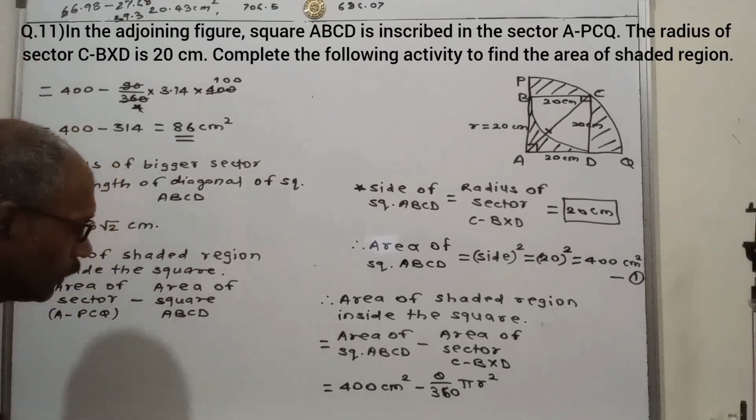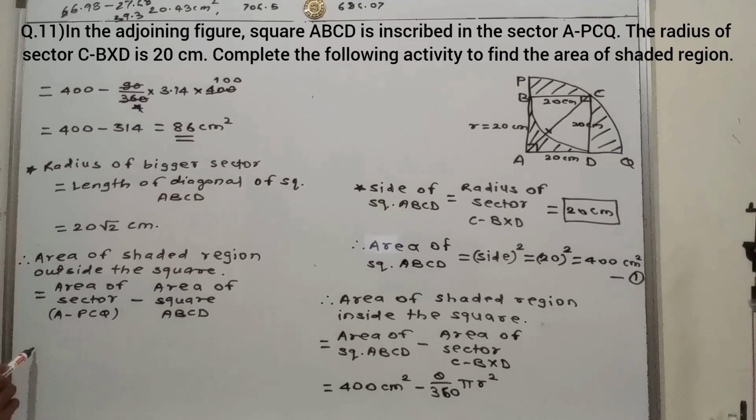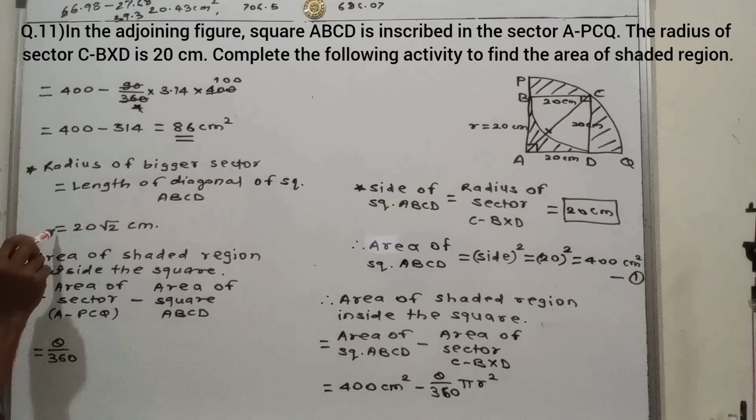Did you get it? Now we put values. Here first formula theta upon 360. Now here this is also given small r, but here we want actually capital R. So I will write here capital R. Did you get it?